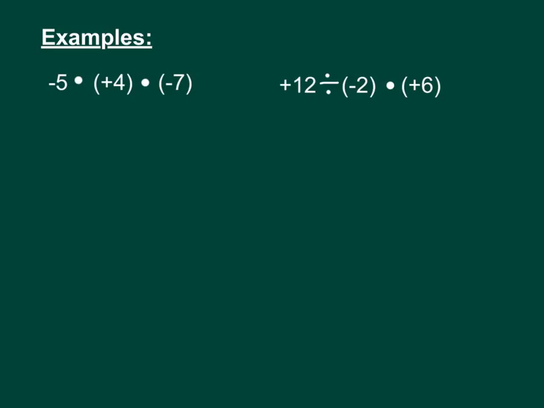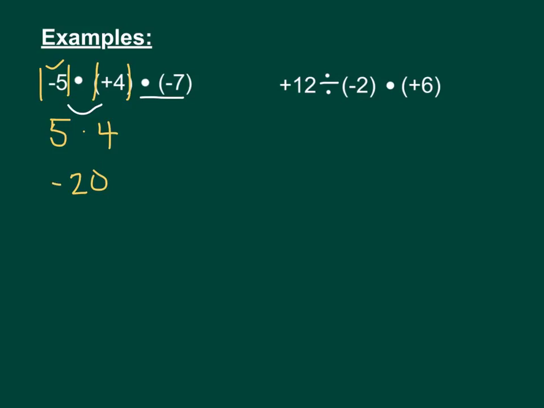So if we carry on with the same rules that we were using before, I'll multiply these first two numbers together first. So I find the absolute value of negative 5 and 4. That's, of course, 5 times 4, which is 20. I've got 1 negative sign. That's an odd number.